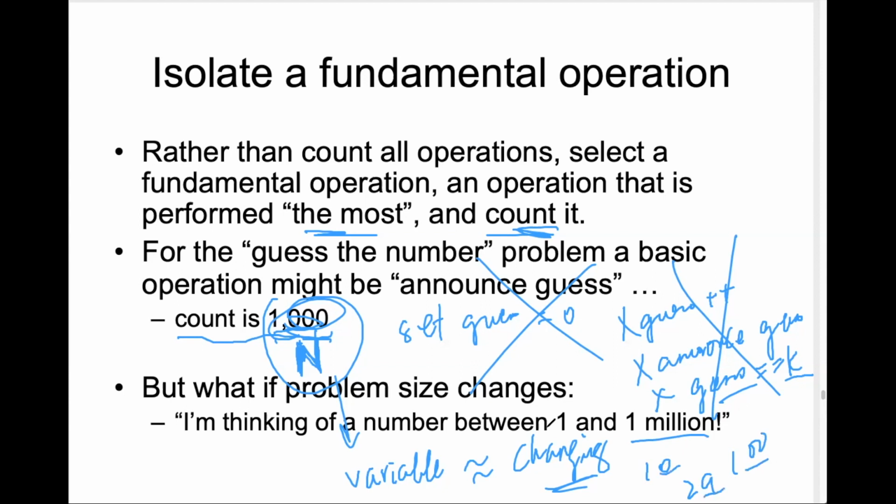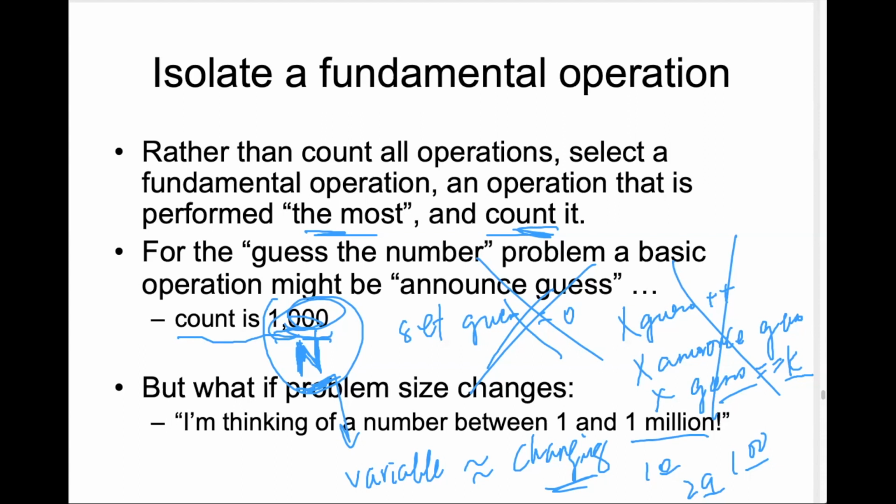So generally what we want to do is to identify that changing variable inside the fundamental operations or inside an algorithm, and we eliminate all of the non-relevant or not the most significant operations, like the small operation that counts only once, or an iteration that only has 10 iterations. These are constants that we know of, but we are interested in the variable, in this case, n, or 1,000.